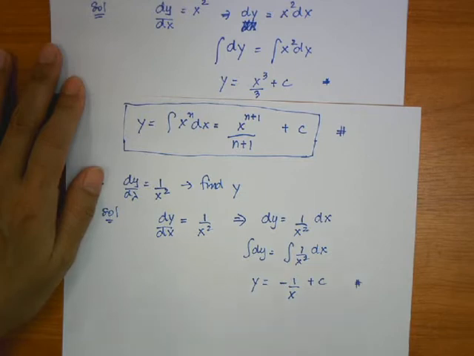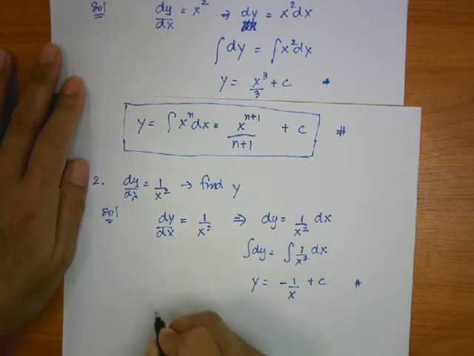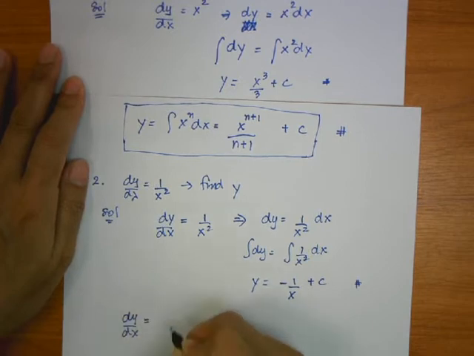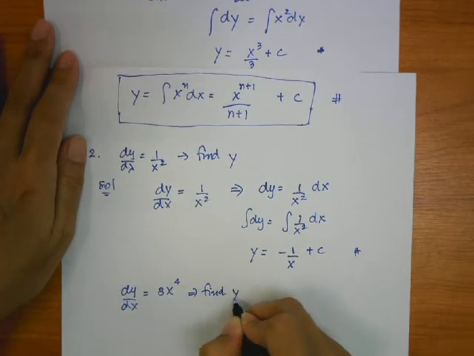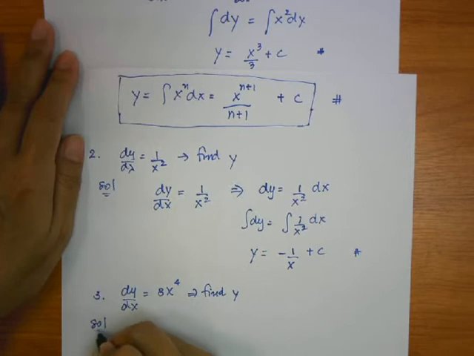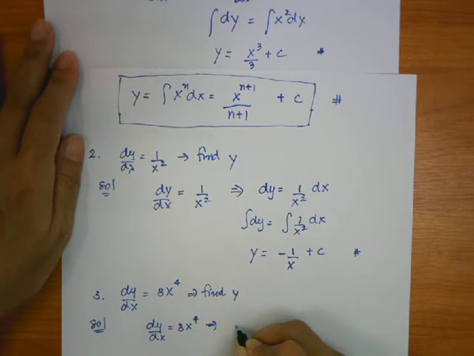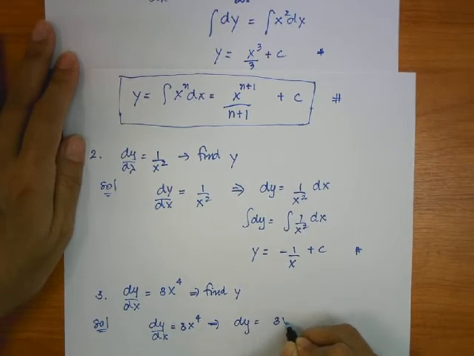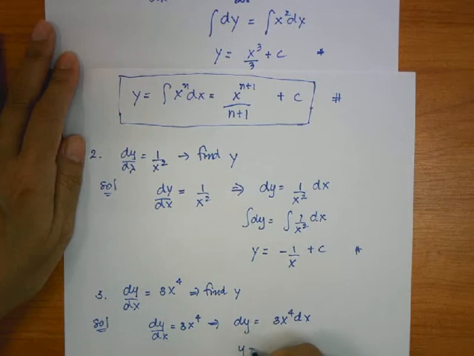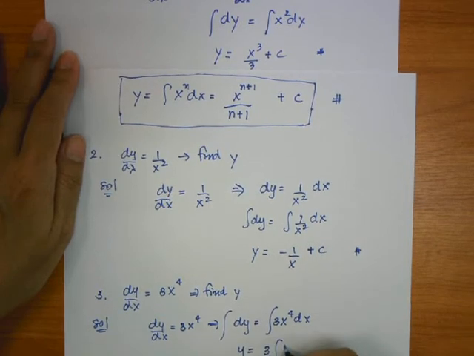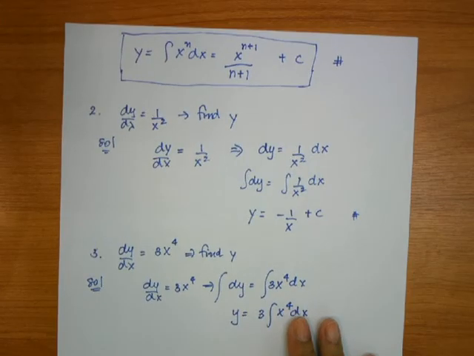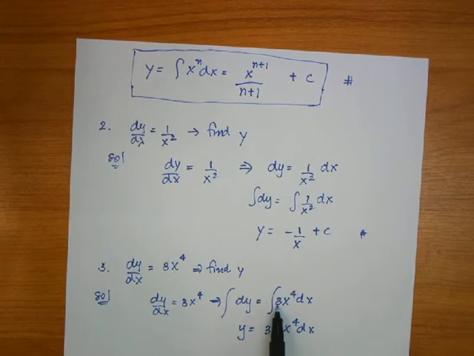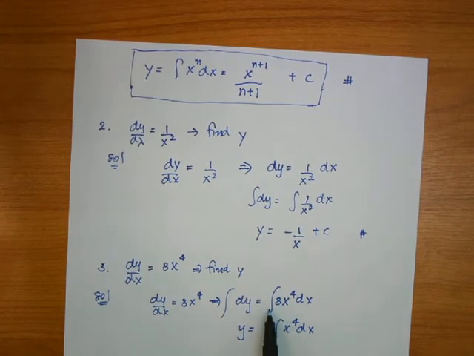But if you have dy by dx equal to 3x to the power 4, what would you get? 3 is a constant, and a constant can be taken out of the integral sign.